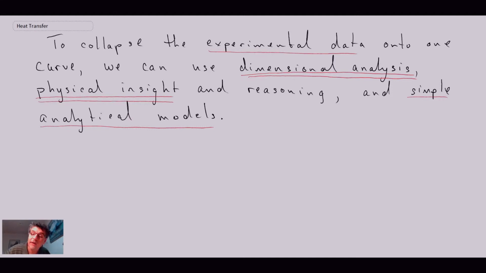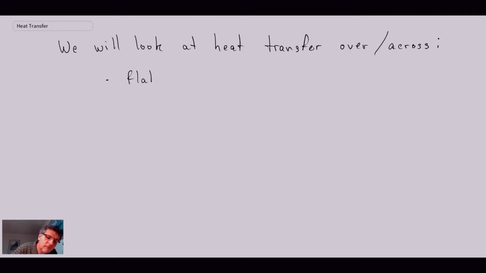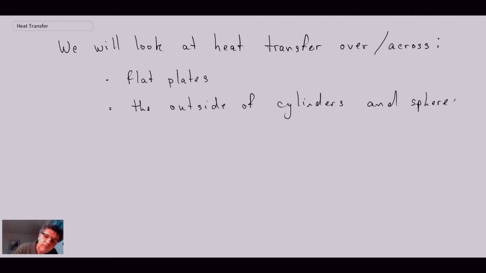So what we're going to do with this, we're going to be looking at different relationships for heat transfer over and across a number of different types of objects, bodies, and plates. So this is where we're going in the next few segments and the next couple of lectures. We're looking at flow over flat plates, and we'll now be moving into looking at turbulent boundary layers.